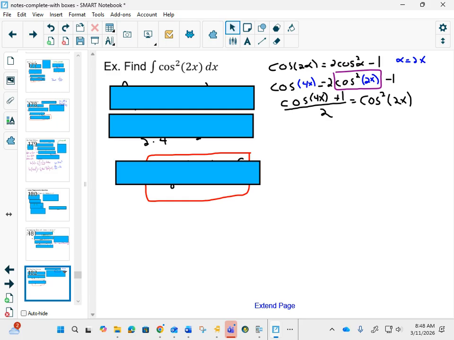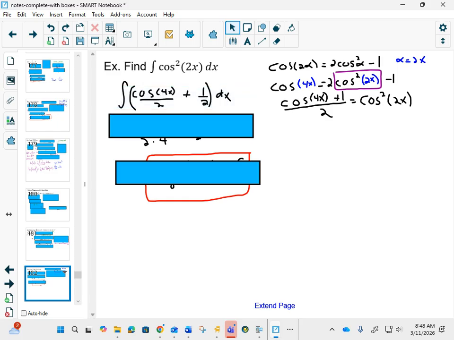Triple chain rules for integrals are not nice things to deal with. Okay? By changing it to the cos 4x, do you see that cos 4x just has a chain rule, and the chain rule is just the 4, which we definitely can deal with in an integral by dividing. So that seems nice.